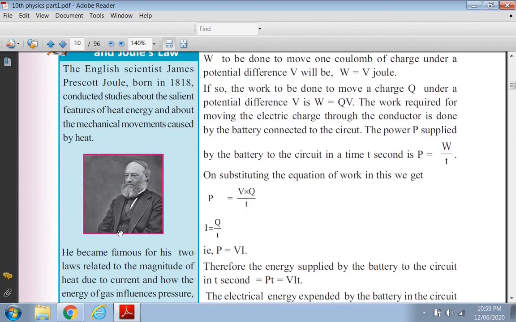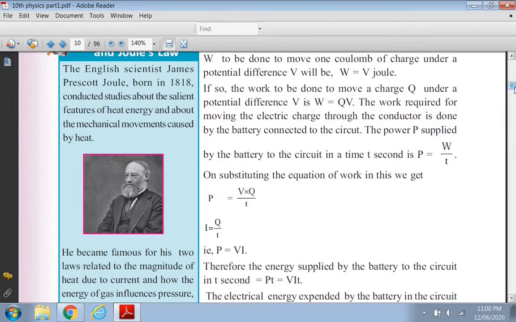Hence the work to be done to move a charge Q under a potential difference V is W is equal to Q into V, to move Q amount of charge from one point to another.